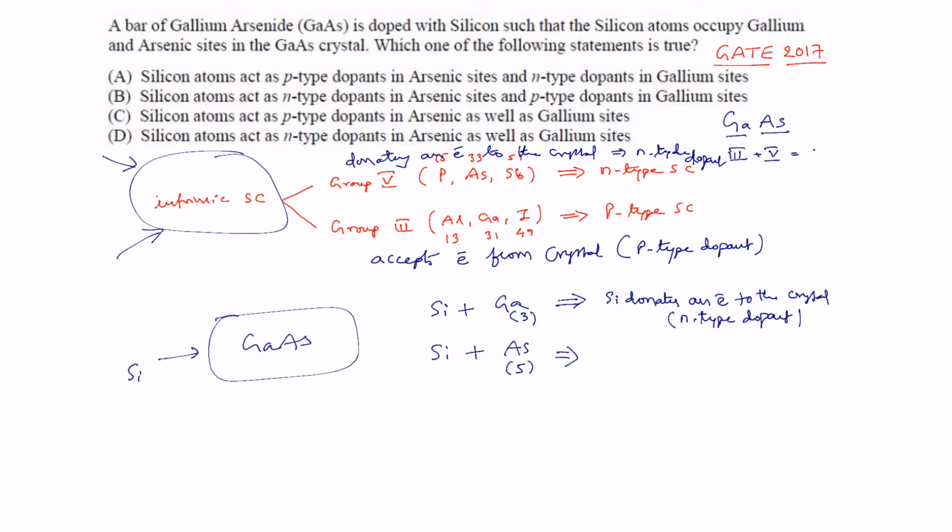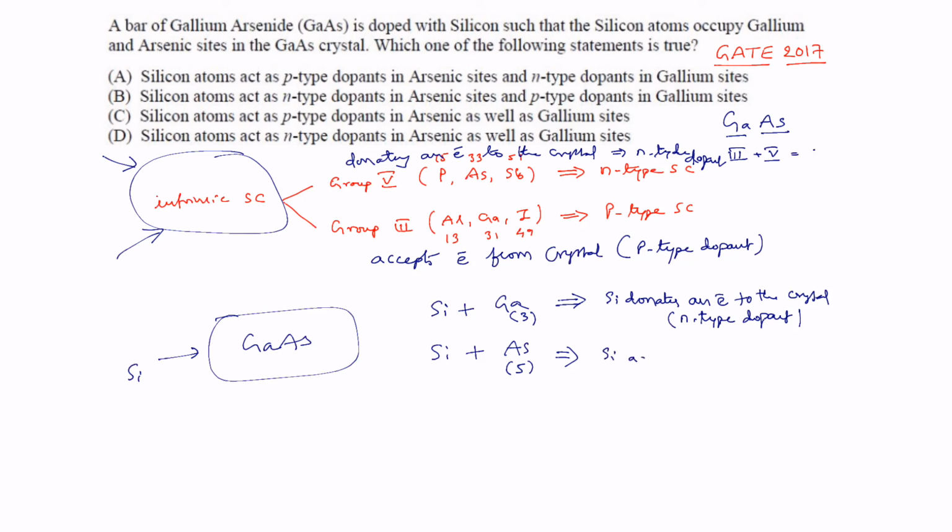It loses an electron means silicon should accept that electron. Whenever silicon accepts that electron, there is a vacancy created in the arsenic place, which will be treated as a hole. So now silicon is able to create a hole in the crystal. That means silicon is treated as a P-type dopant.